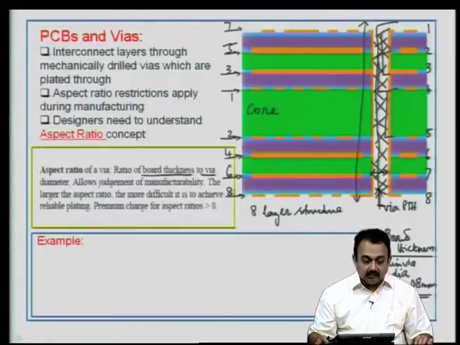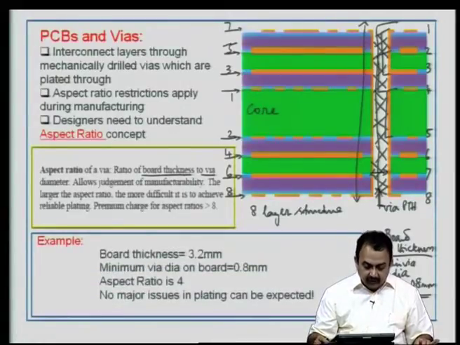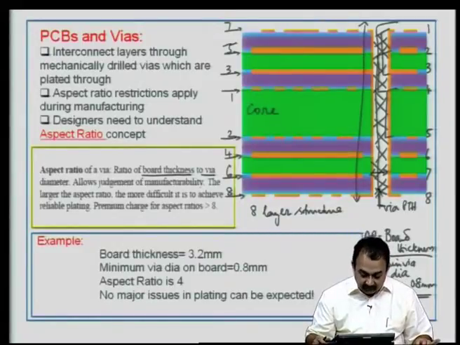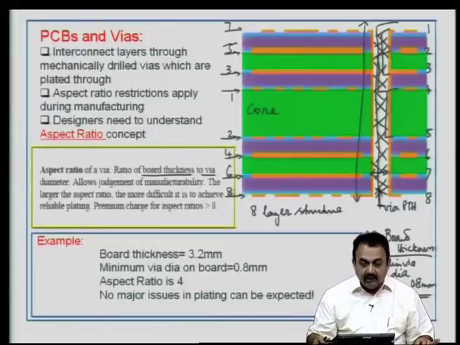I will give you an example how to calculate aspect ratio and what to look for in an aspect ratio as a designer. If you look at the board thickness, for example, it is 3.2 mm in this case. The minimum via diameter on the board is 0.8 mm.